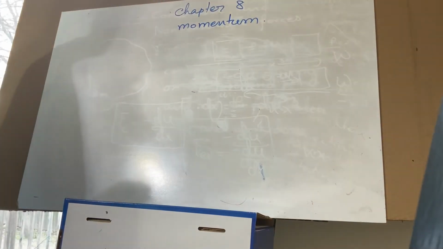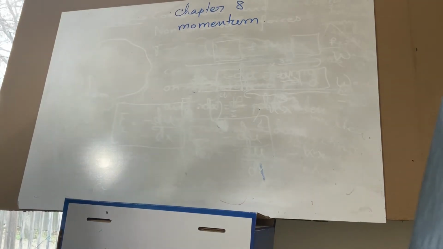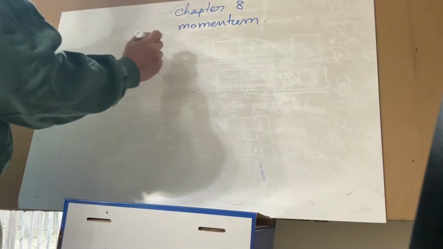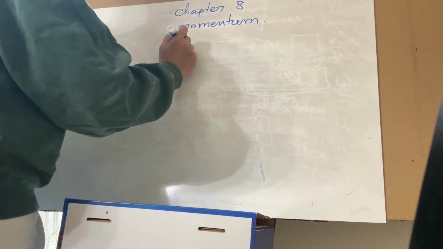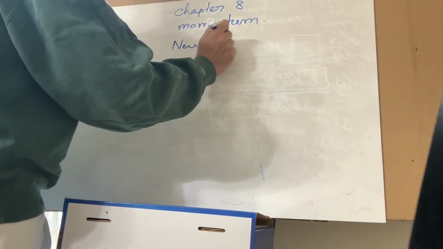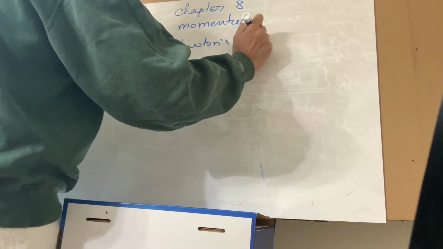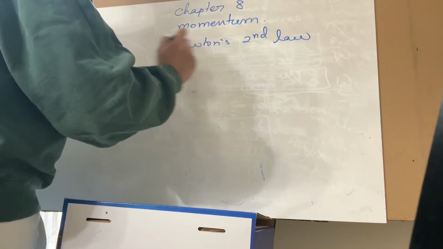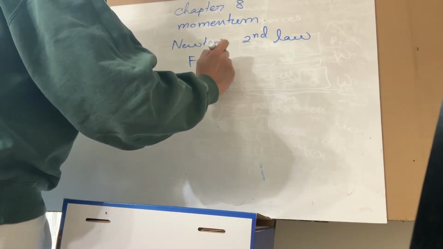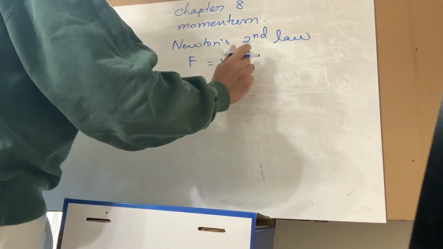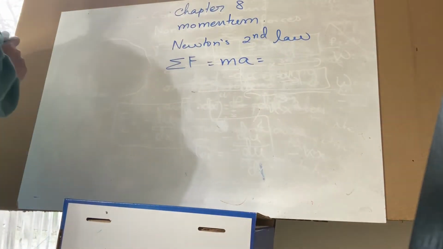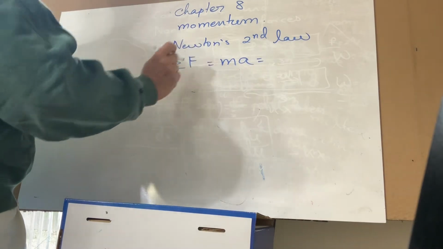So what is momentum? We know Newton's second law: force F is equal to m times a, mass times acceleration. The net external force is mass times acceleration, that's the net.